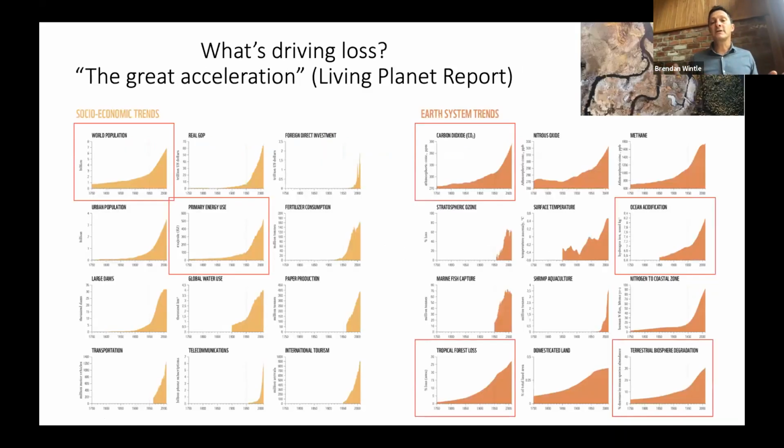What's driving these extinctions? What's driving these losses? WWF do a nice job in this Living Planet report, I think, of highlighting the connection between these socioeconomic trends and then the Earth systems trends that are really pushing species to the edge.